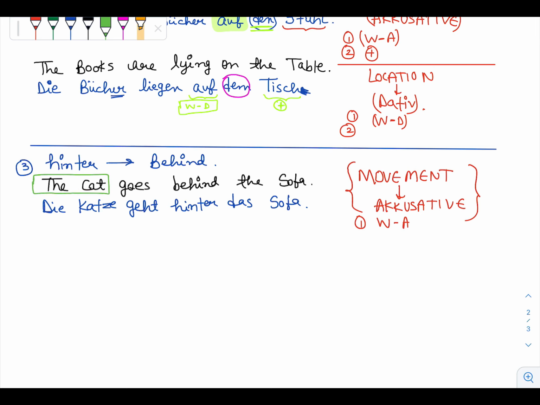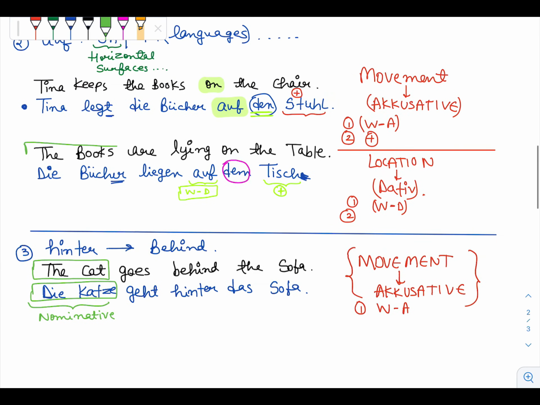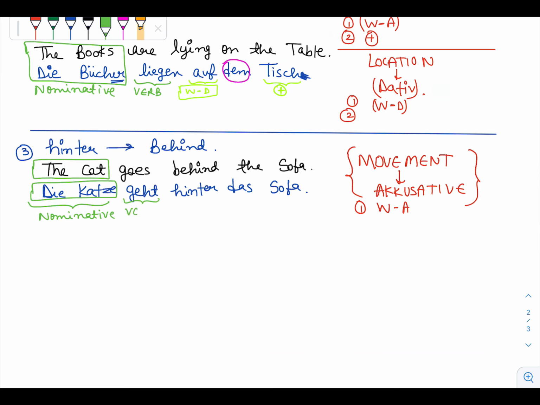So here the subject is the cat, the Katze. So this is in nominative. Then our verb, then preposition, then our article, then our noun.